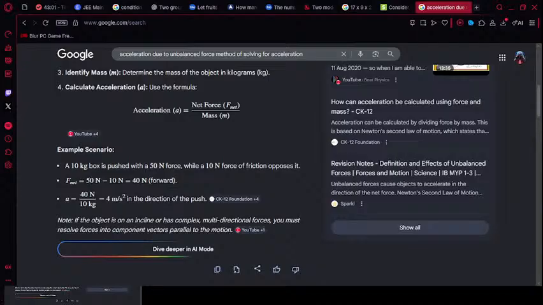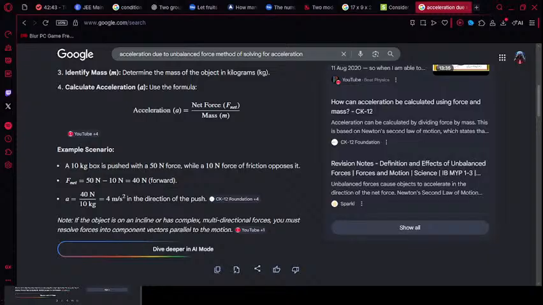M1G plus F minus tension is equal to M1A, and M2G plus F minus tension is equal to M2A, and I guess this is cancelled.